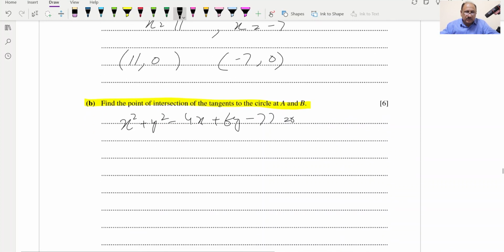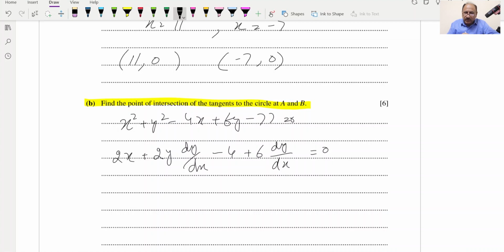Now we can take the derivative. This will be 2x plus 2y dy over dx, minus the derivative of 4x which is minus 4, and plus 6 dy by dx, and the derivative of the constant will be 0, so equal to 0.